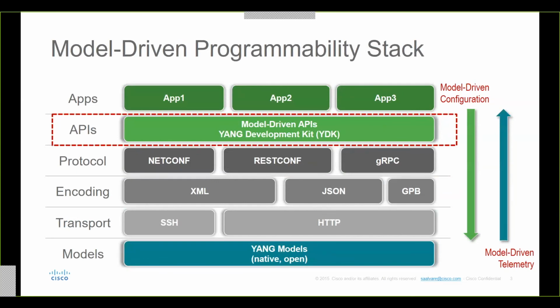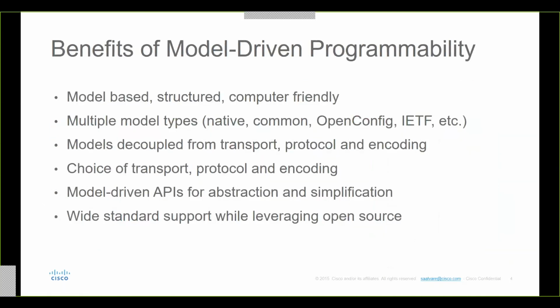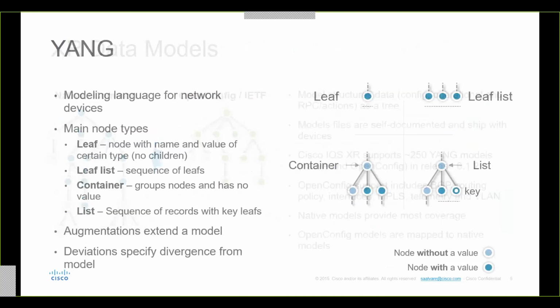But other than that, everything that I'm describing here is available today on iOS XR. Some components of this are supported also on Nexus and iOS XE, but the widest support by far is on iOS XR. Okay, thanks.